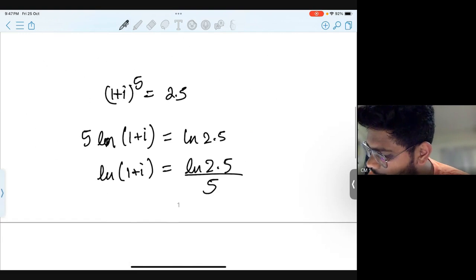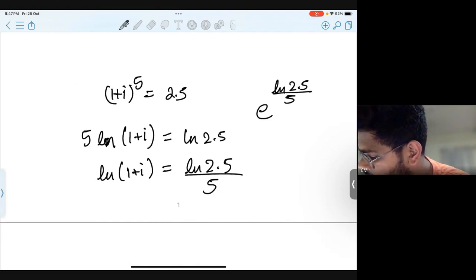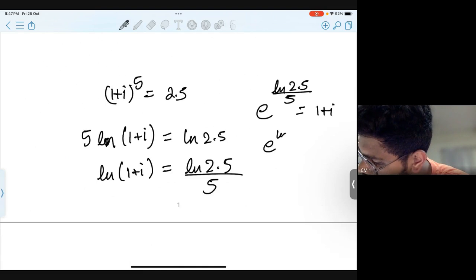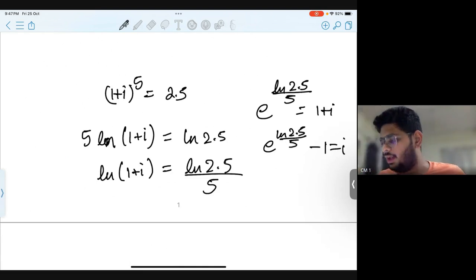तो जैसे फिर अपन वापस वील हैव टू कीप द ln आउट. ln 2.5 अपॉन 5 is equal to 1 + I. मतलब we raise this to the power e and then we get e to the ln 2.5 by 5 minus 1 is equal to I. इससे भी आप करके देखोगे तो आपको सेम आंसर मिलेगा. बट ये सम में उतनी जरूरत है नहीं.